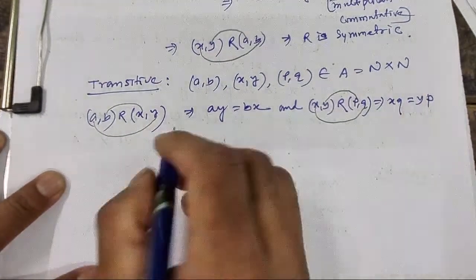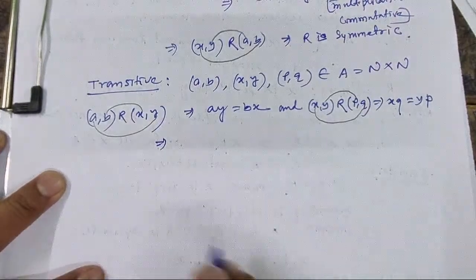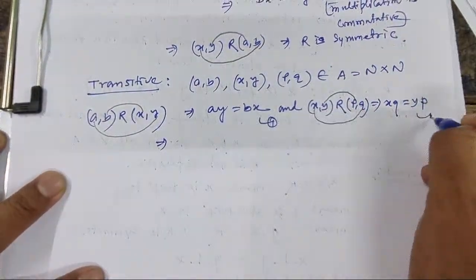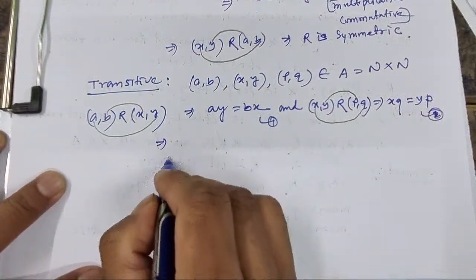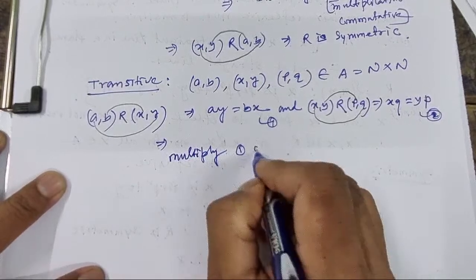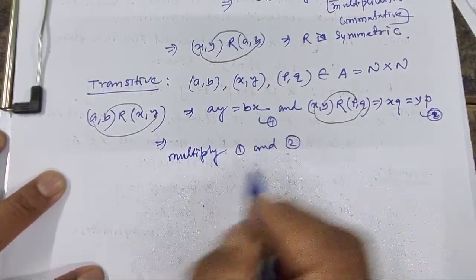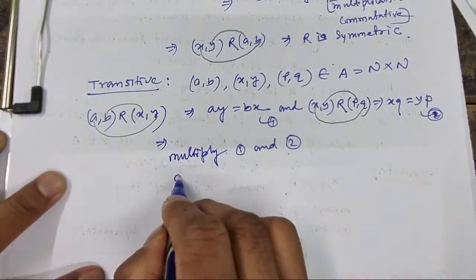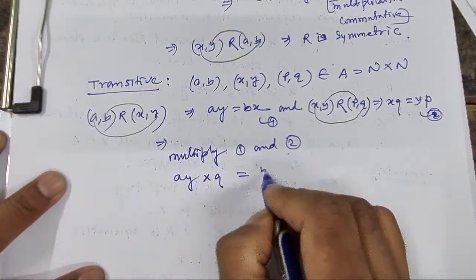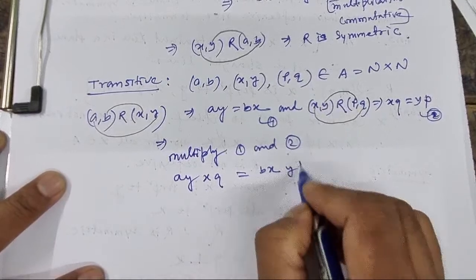Right? Now check it here. If I take the first relation and the second relation and multiply 1 and 2, what are you getting? ay times xq equals bx times yp.